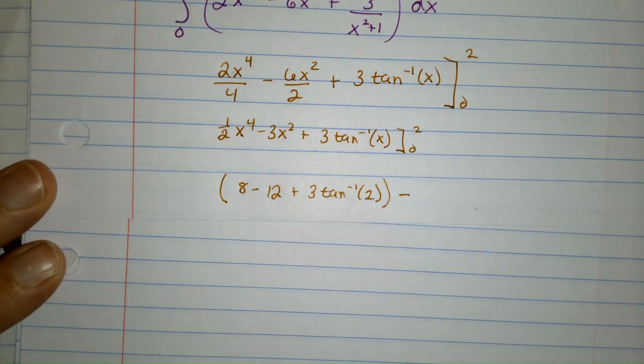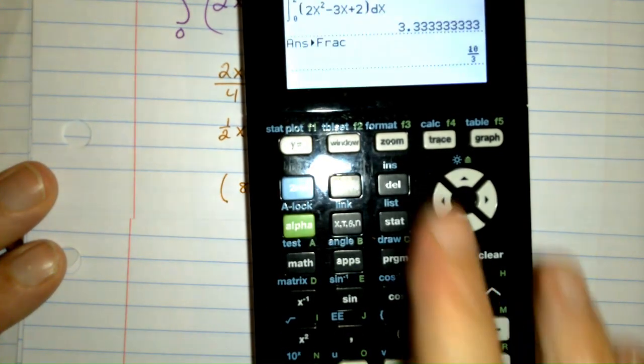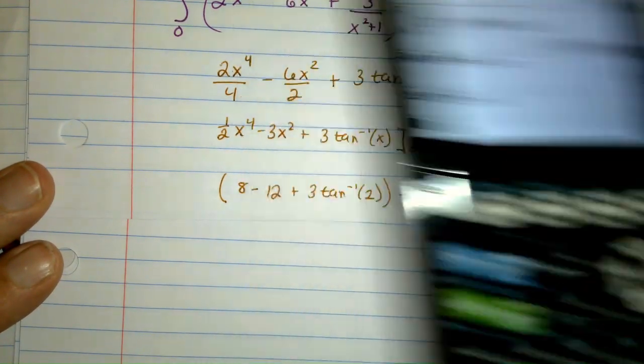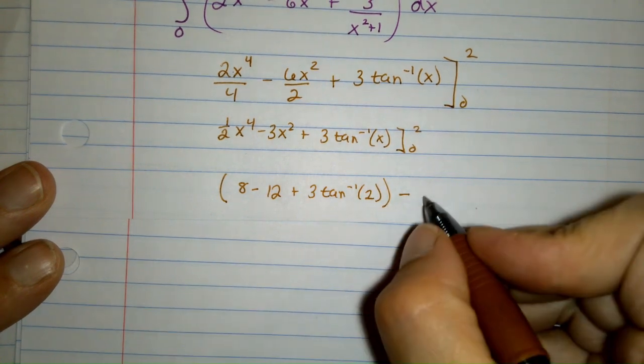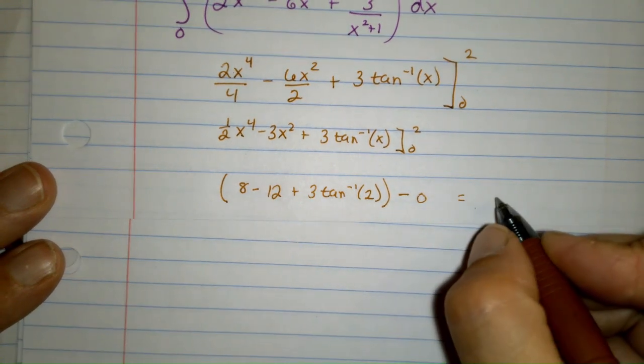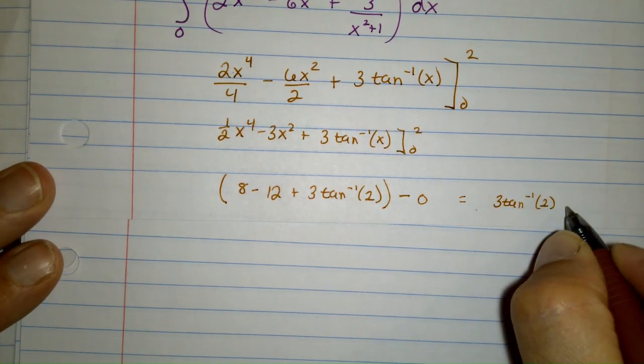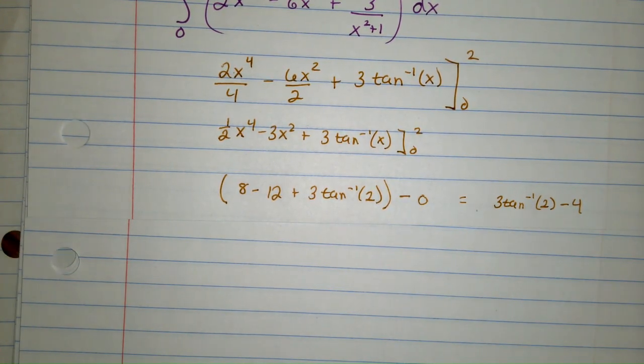Let's double check the arctangent of 0. I'm in radians. It's 0. So that will give us 3 arctangent of 2 minus 4. And that would be an exact answer.